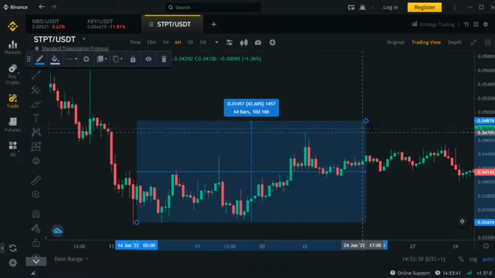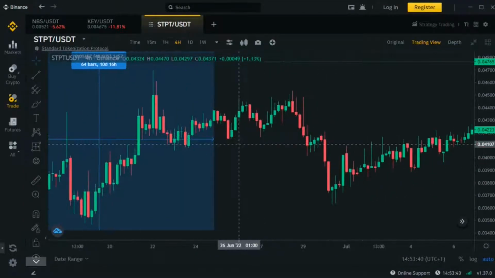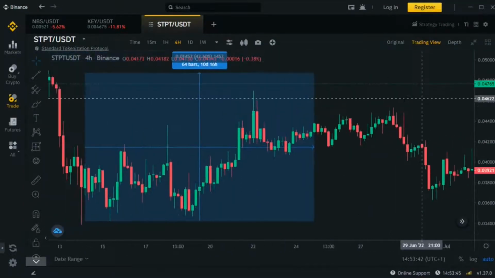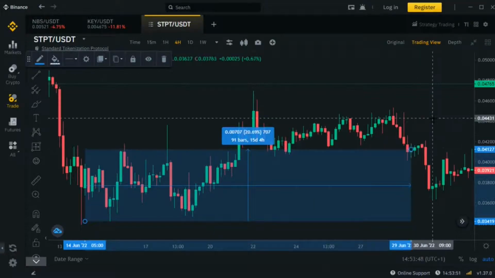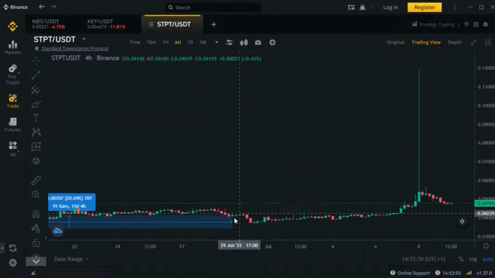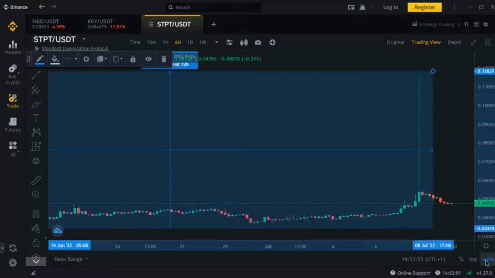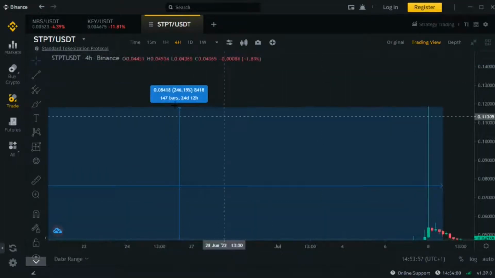So as you can see on the candlestick price chart data, the most current bullish trend section of the STPT USDT cryptocurrency pair bounced up by approximately 246%. The question is, how much money can you potentially make as profit going long on this bullish trend section?